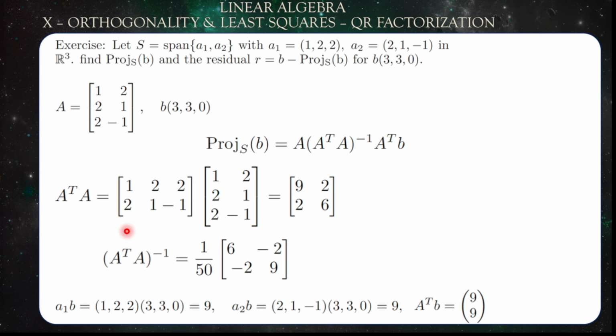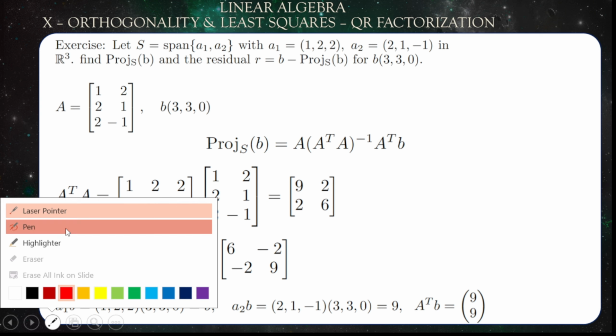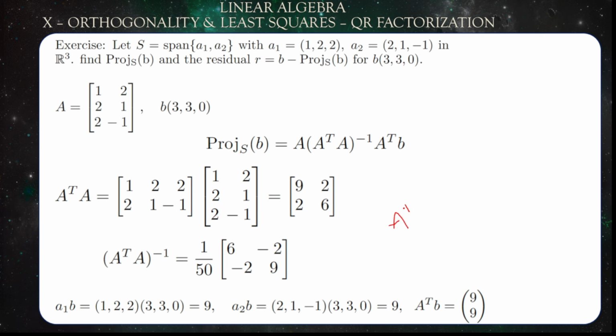So this is A transpose B we are evaluating here. Remember, the column became the row, correct? So A transpose is given by these two rows, 1, 2, 2 and 2, 1, -1, and we are multiplying it by B, which is 3, 3, 0.